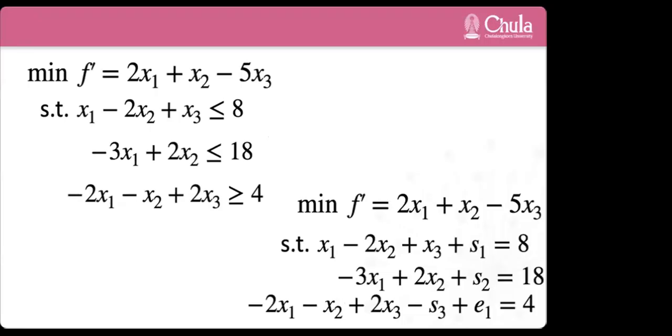For the first two inequalities, we add slack variables S1, S2. But for the third one, you subtract a surplus variable and you add an auxiliary variable, in order to handle greater than or equal.